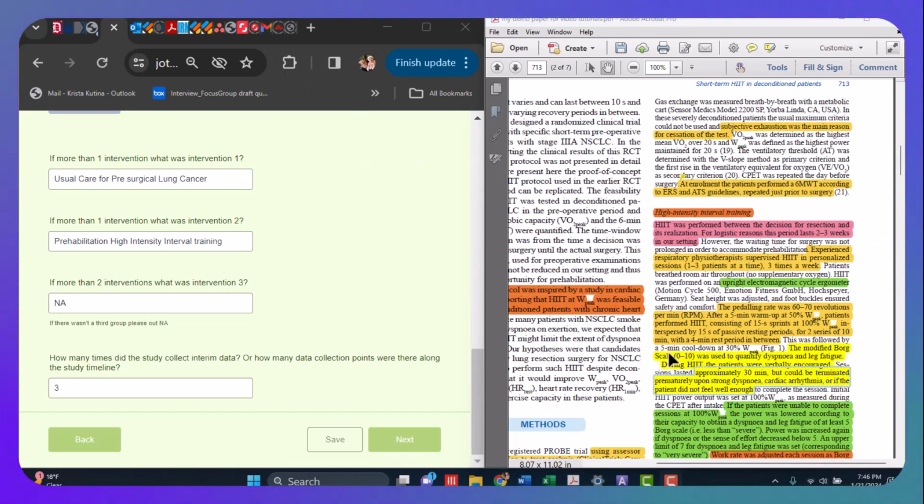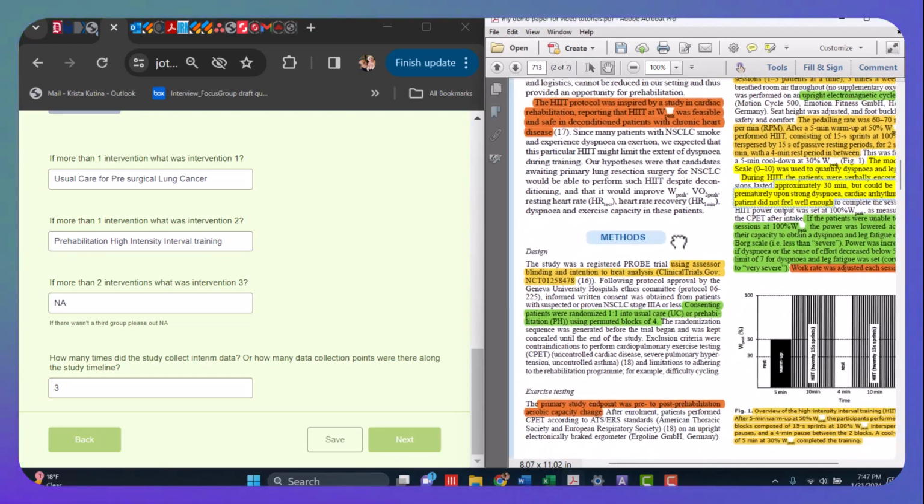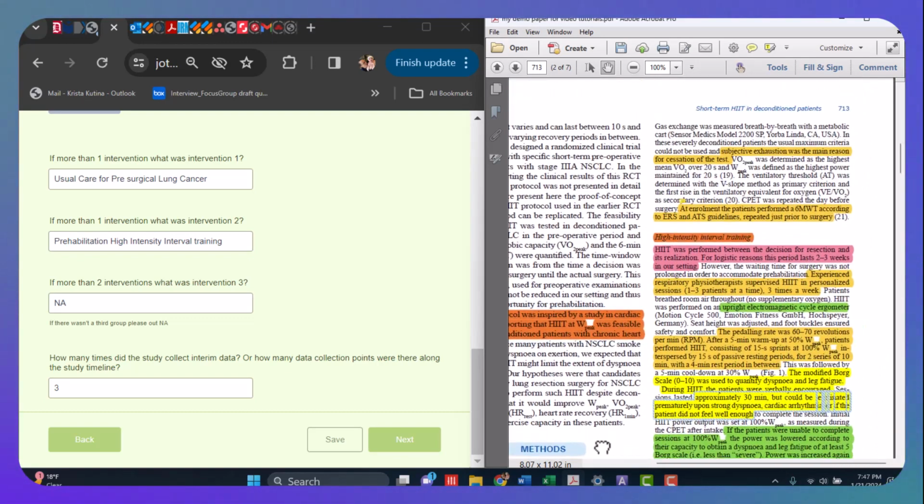If you look in their methods, they say that at enrollment, patients performed a 6-minute walk test, which was our secondary outcome according to the ARSCTS guidelines. And then they talk about how they also, at enrollment, performed their aerobic intensity test. And that's explained up here.